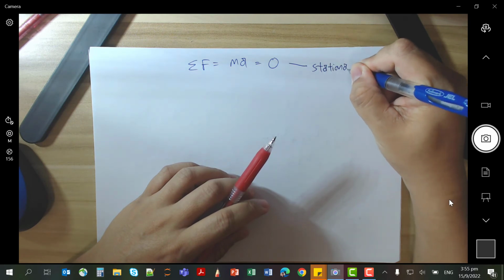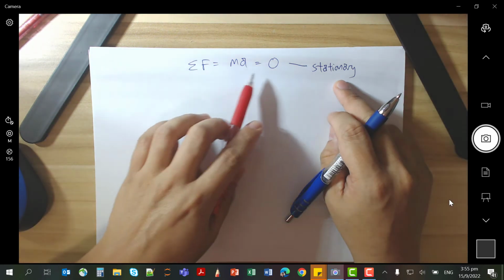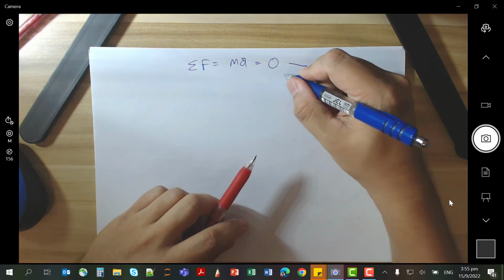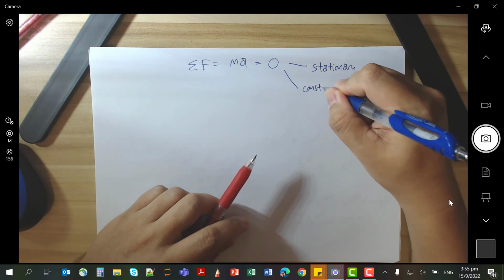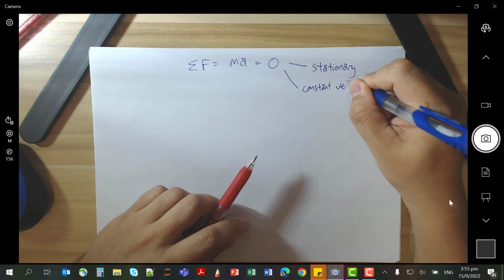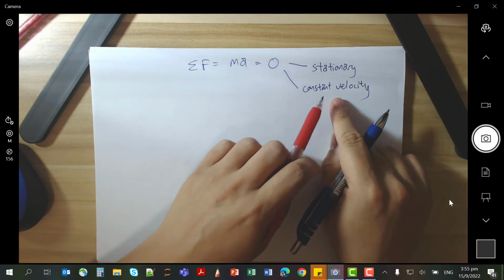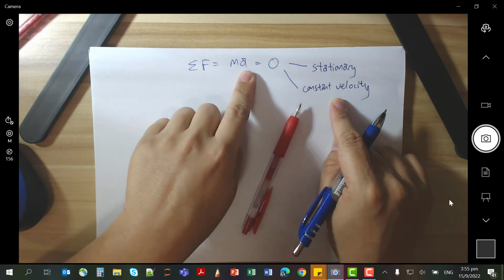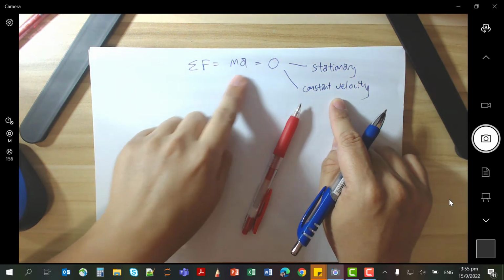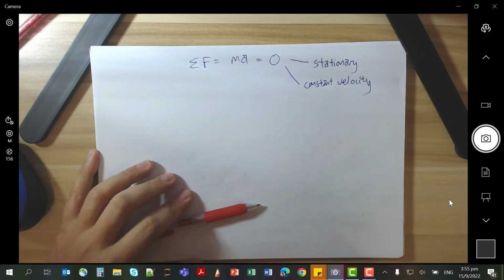When your object is not moving, there's no velocity, there's no acceleration, so the sum of forces equals 0. The other case is when your object is moving under constant velocity. If my velocity is constant, I have no acceleration, so a is 0, so the whole right side equals 0.